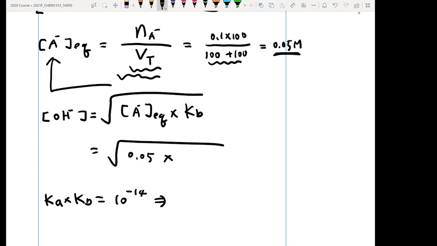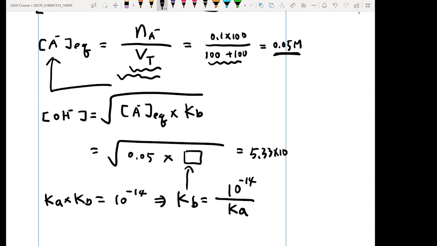So you can calculate your Kb, which equals 10 to the negative 14 divided by your Ka. Then once you get the value, you put it here. Then you can calculate your OH minus concentration, which is going to give you a value of 5.33 times 10 to the negative 6.